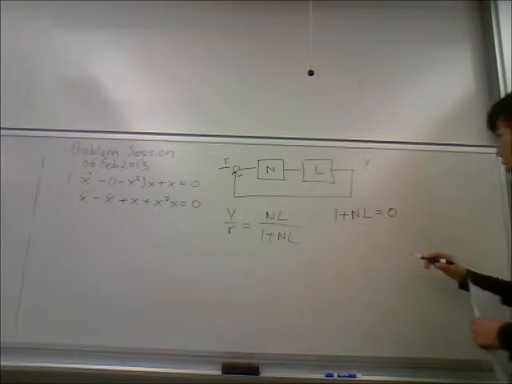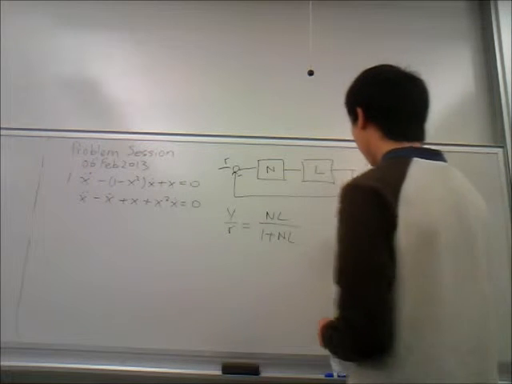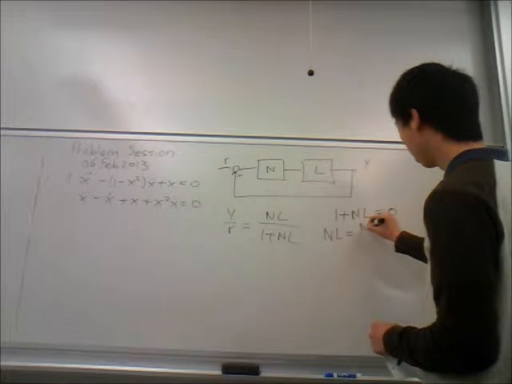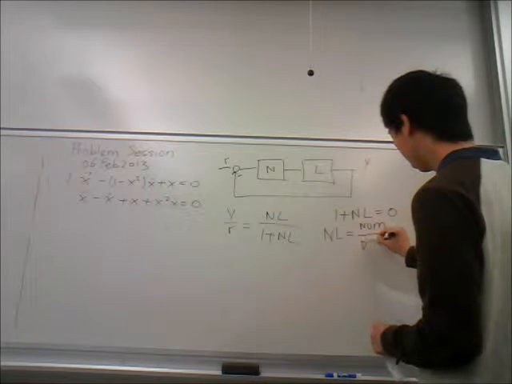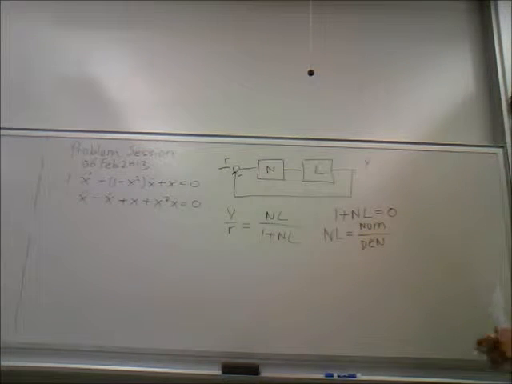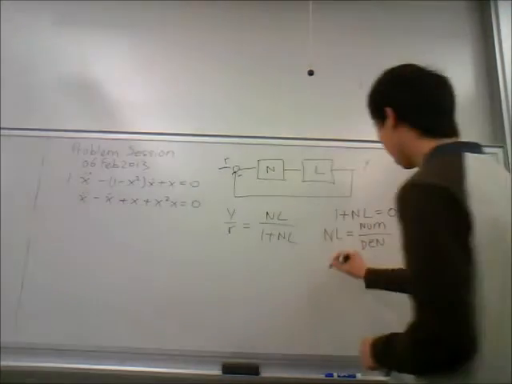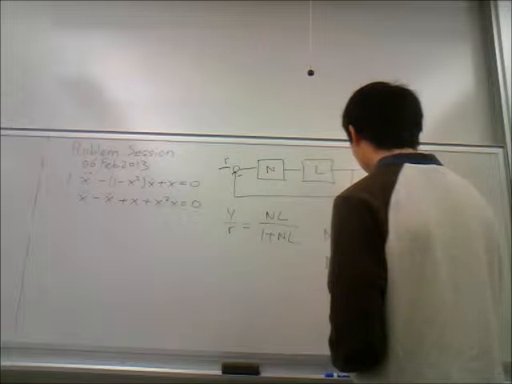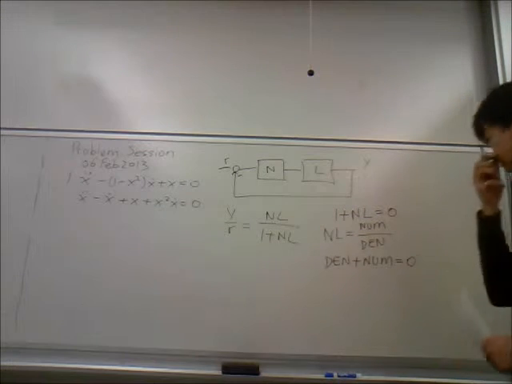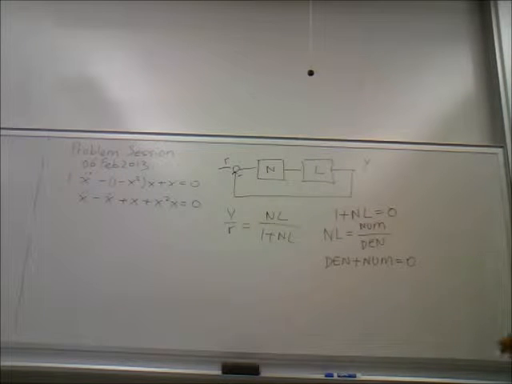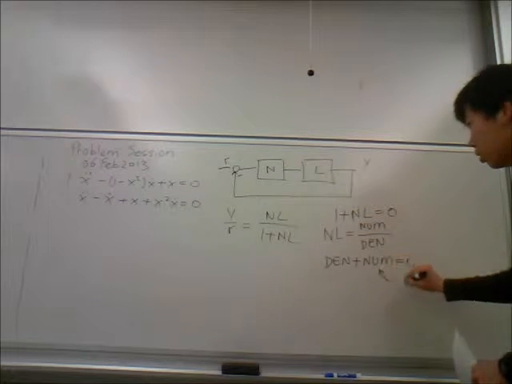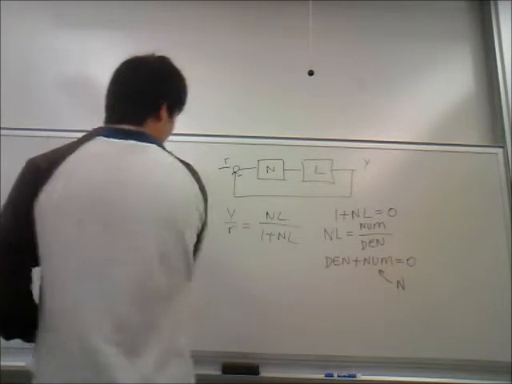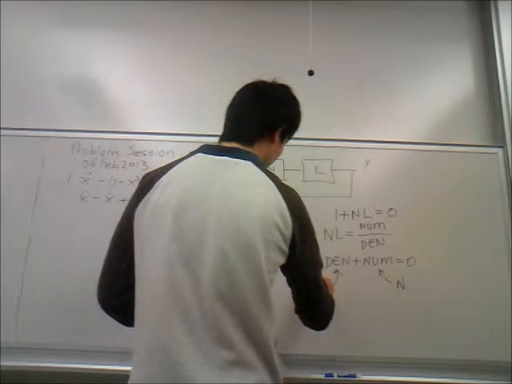What we can do now is define NL as some rational expression consisting of a numerator and a denominator. Then if we sub this into the equation and expand it out, we have denominator plus numerator is 0. So then what we said was, let's let the nonlinear part be the numerator, and let the linear part be 1 over the denominator.